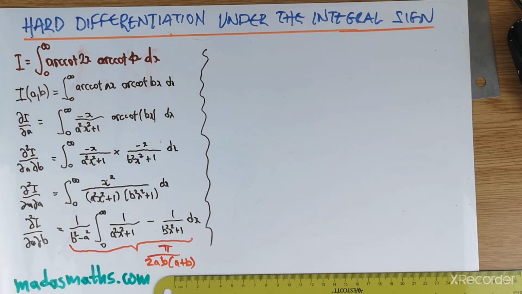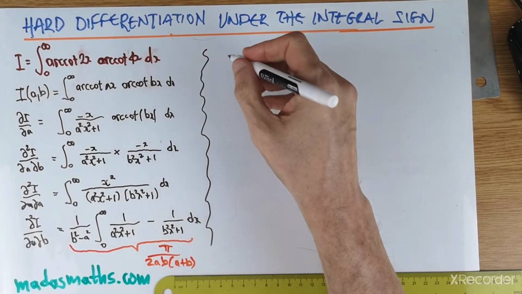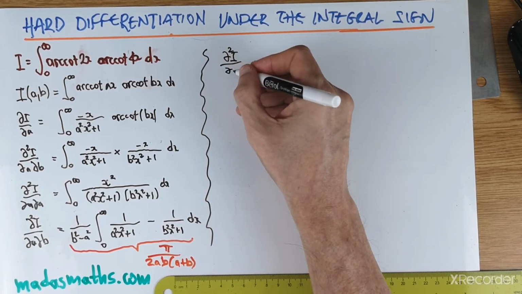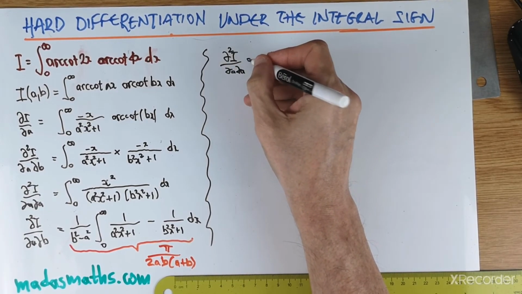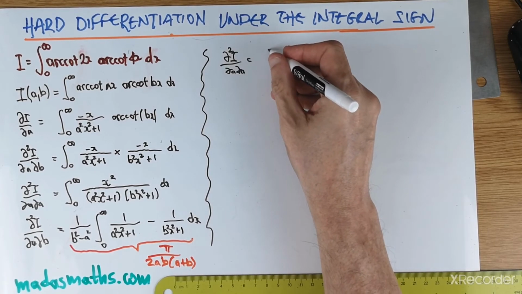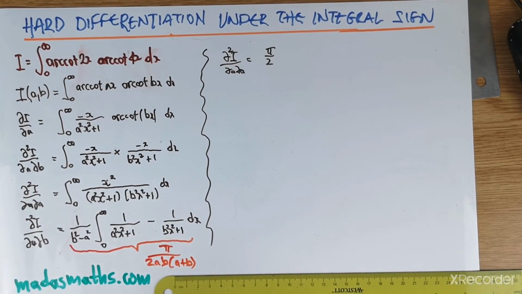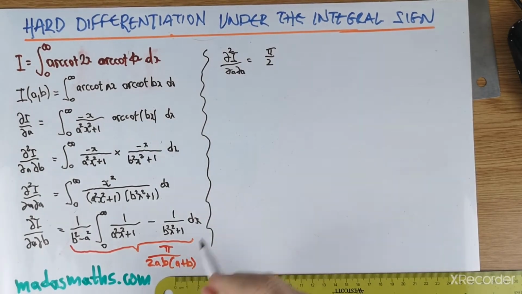So we have so far got this quantity. And depending which integration I might choose to do first, I might do the one with respect to b first.